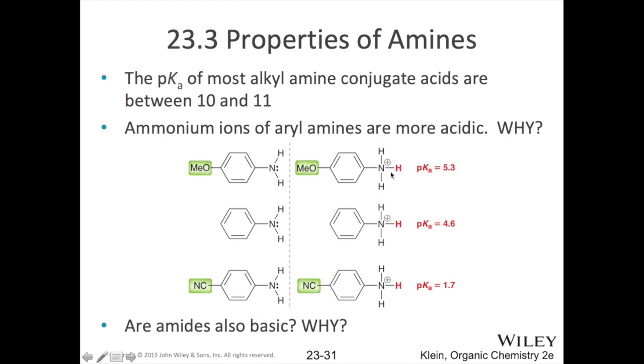Okay, so that makes it less acidic. It feels less urgency to get rid of that proton. Whereas if you have an electron withdrawing group, notice that it has the opposite effect, right? It's pulling electron density away from that nitrogen, making it feel that positive formal charge even more starkly. So it really wants to get rid of a proton to go back to the more stable, neutral amine. Okay, so that's why its pKa drops so significantly.